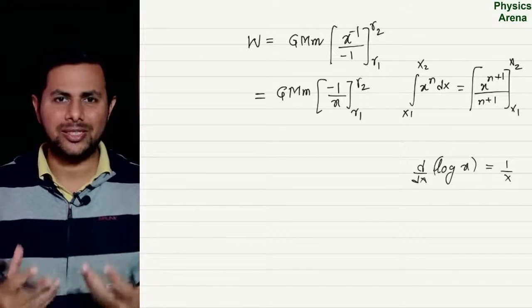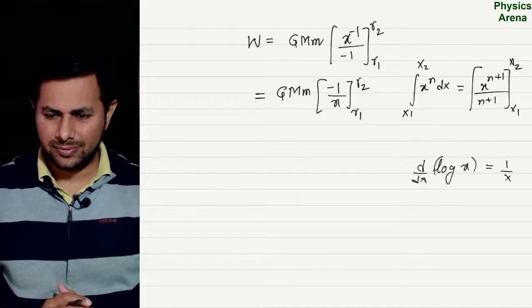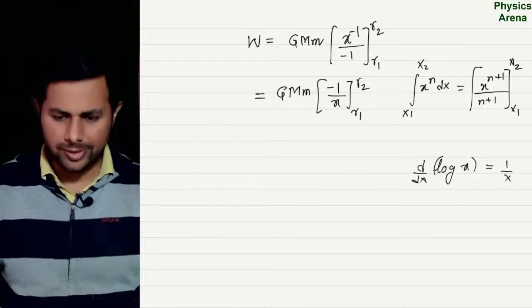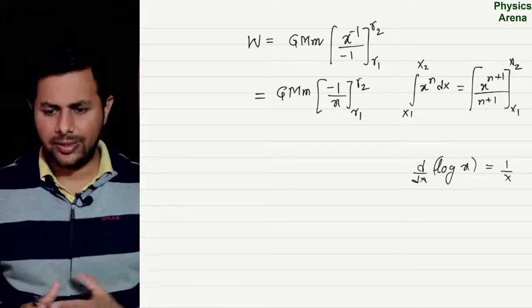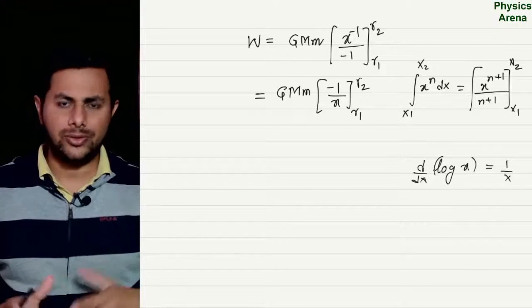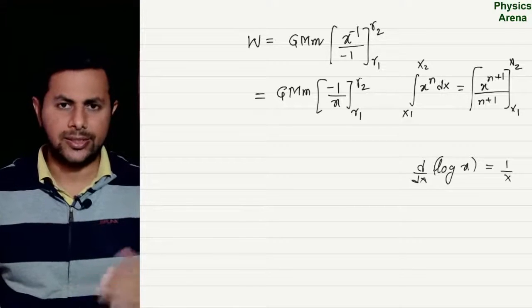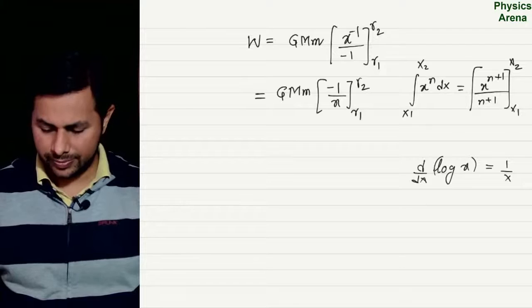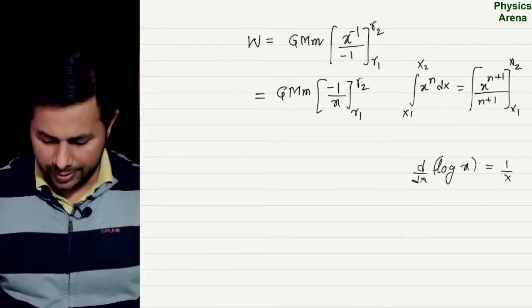So the integral of x raised to minus 1 will be log x. Okay, so this is a special case, and for any other value of n we can use this formula. So the integral of x raised to n dx is x raised to n plus 1 divided by n plus 1. All right.